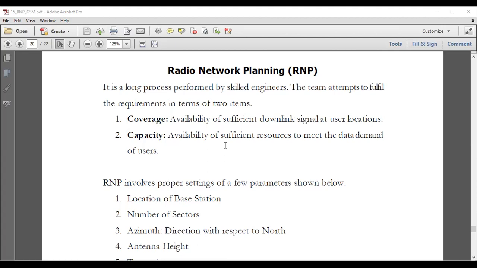So then you have an increased demand for capacity. It's not about coverage. The whole area may have sufficient signal level, but you don't have enough radio resources to ensure that the different users can enjoy enough data rate.